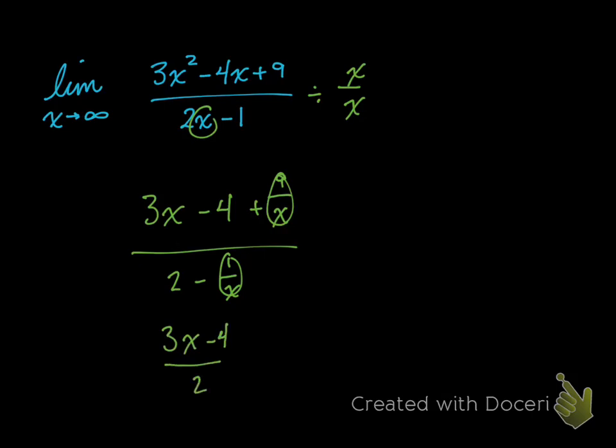Now we could plug infinity into this. 3 times infinity is infinity, minus 4 is still infinity, divided by 2 is still infinity. So our limit is infinity here, and that means the limit does not exist. If you end up with infinity for an answer like this, you would have to say it does not exist.